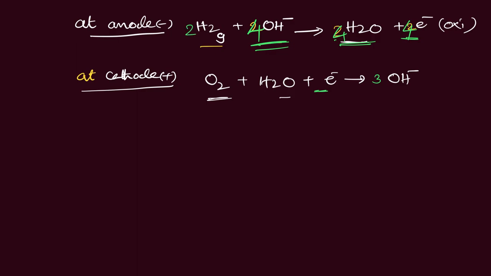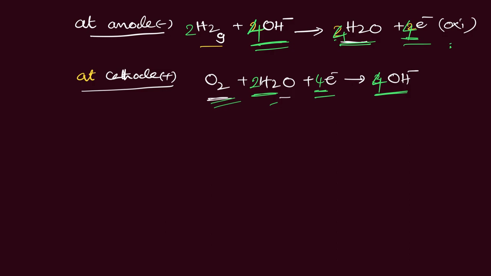Now 4 electrons are lost from the anode and 4 electrons gained at the cathode, therefore this is 4 minus. Oxygens are a total of 4, so we can make this 2, 2 oxygen, 4. Now 2 into 2, 4 hydrogen, then here also 4 hydrogen, balanced.